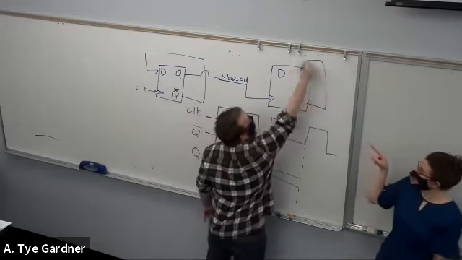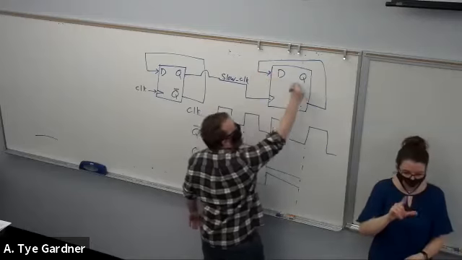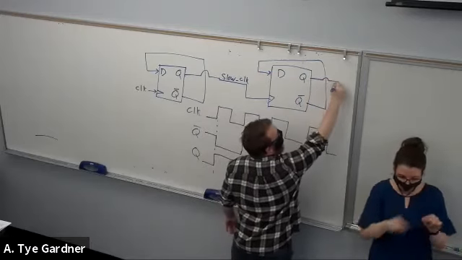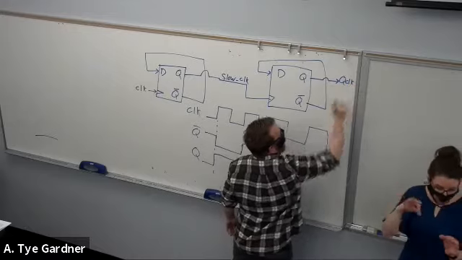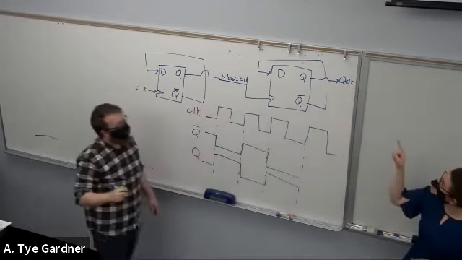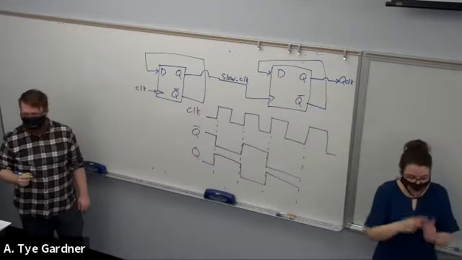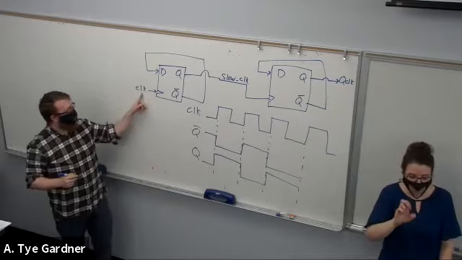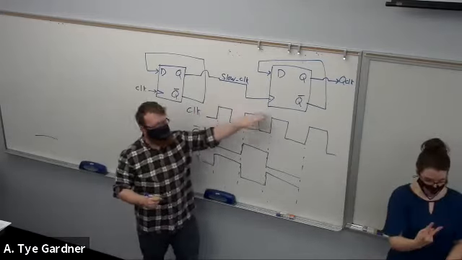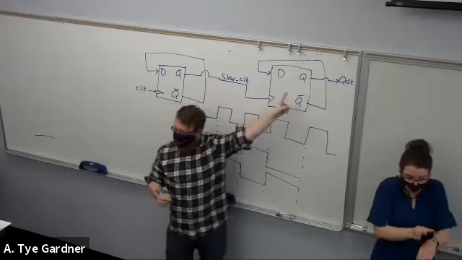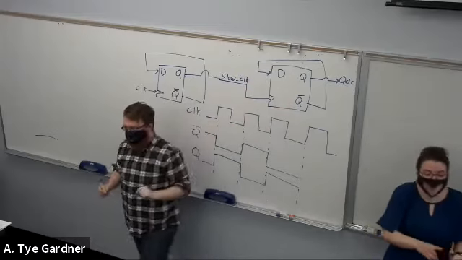Q bar loops around in feedback. I'm going to call this Q clock, for quarter clock. This divides the clock by 2. This one then divides the slow clock by 2. So Q clock is 1/4 the speed of the original clock.